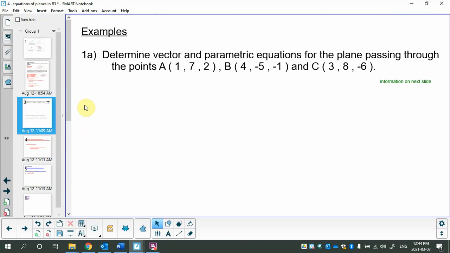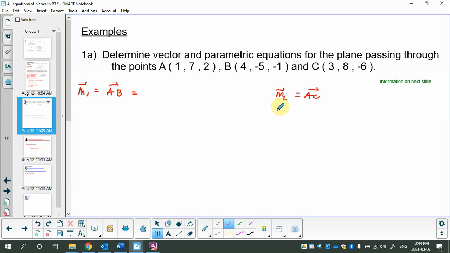So it says determine vector and parametric equations for the plane passing through the points A (1, 7, 2), B (4, -5, -1), and C (3, 8, -6). So I am going to choose to make direction vector 1, AB, and I'm going to choose to make direction vector 2, AC.